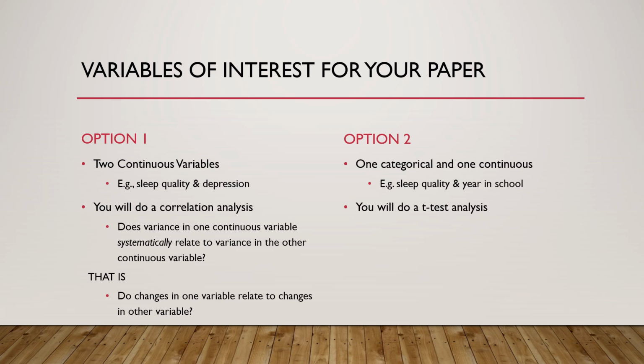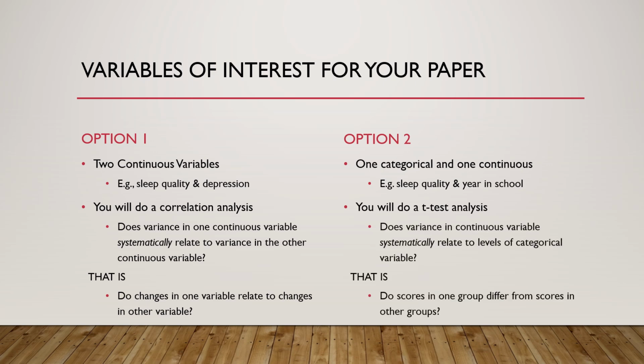The second option you could choose is to have one categorical and one continuous. So this might be sleep quality, which is that continuous variable again, versus year in school, which is a categorical variable. There are different levels that are clearly distinct, different groups that are clearly distinct. And for this, one option is to do a t-test analysis. A t-test is looking at whether the variance in the continuous variable systematically relates to the level or the group in that categorical variable.